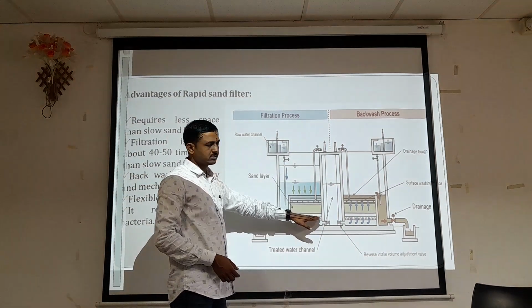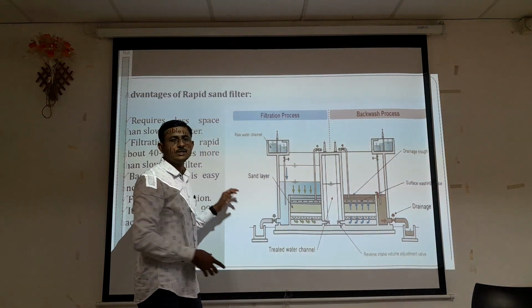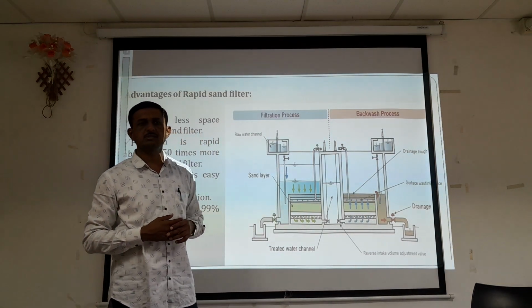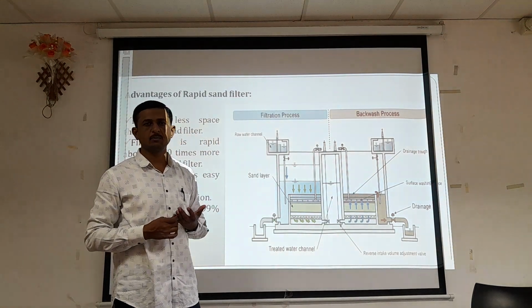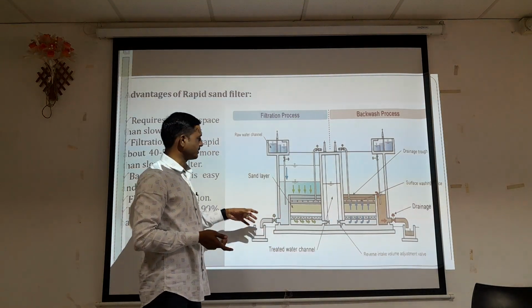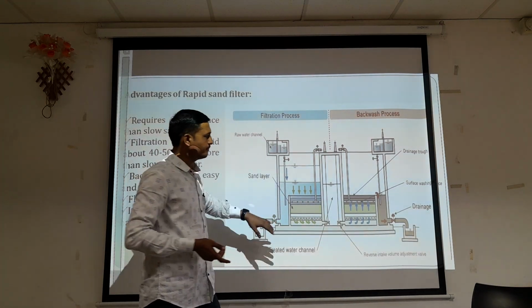The filtered water is collected through the drainage line and transferred to a storage tank, from which the water is circulated to the community, or it can be used for human or community purposes. So this is a proper diagram of a rapid sand filter.